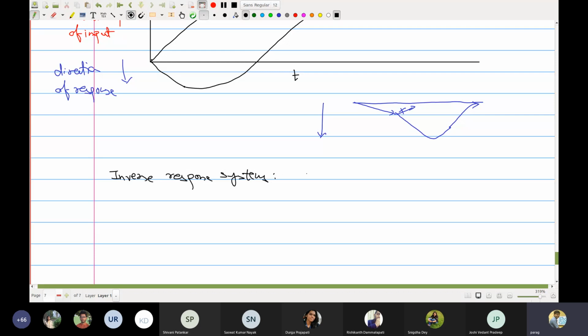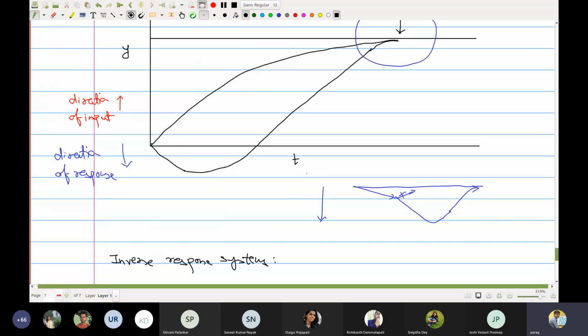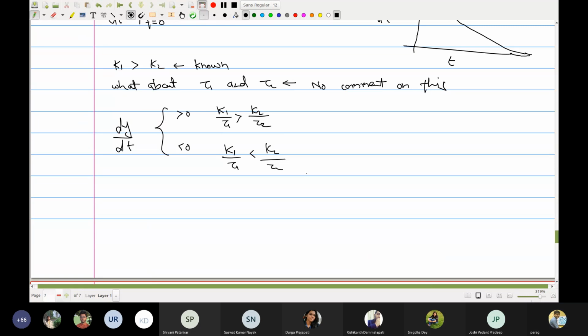Okay, and then why does this happen? Let's see, why does this happen? This happens because of this condition: K1 by tau 1 is less than K2 by tau 2. Okay, that means what's going to happen? You have two competitive processes.